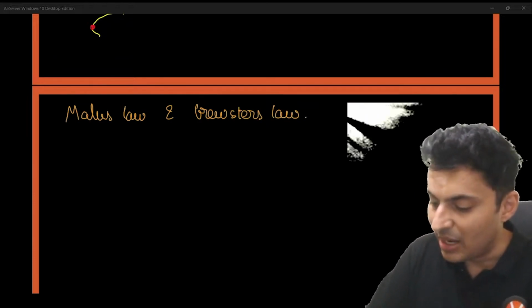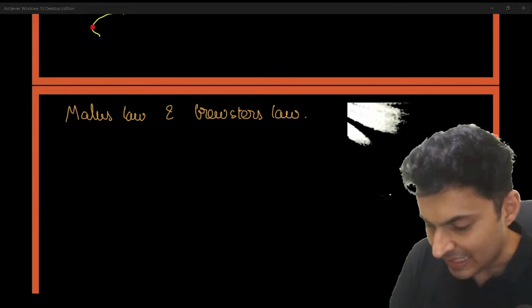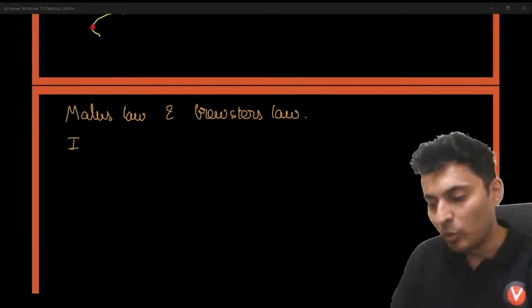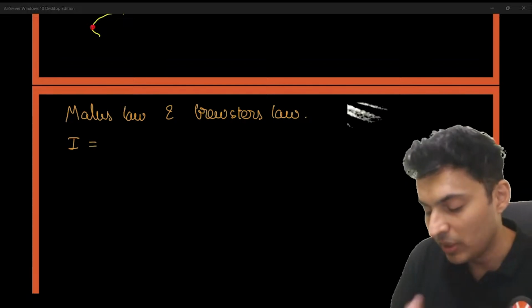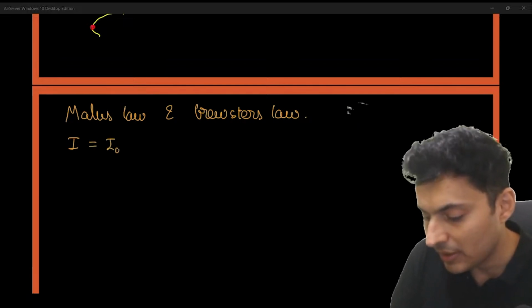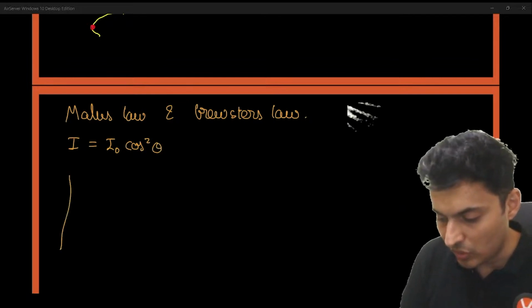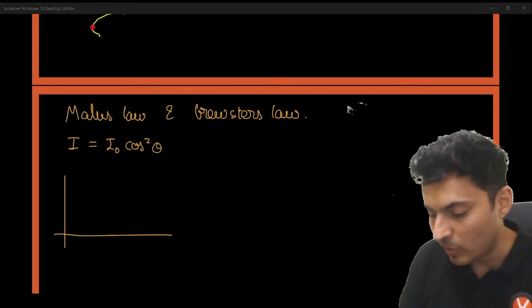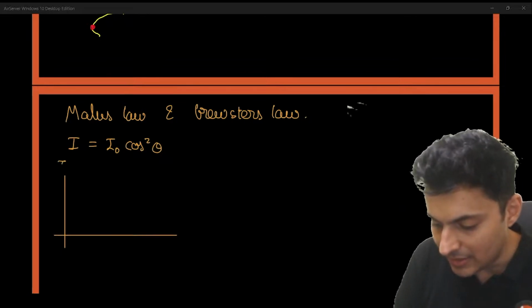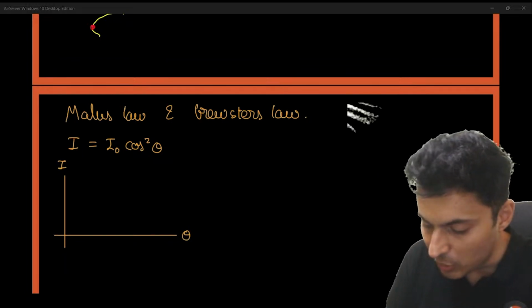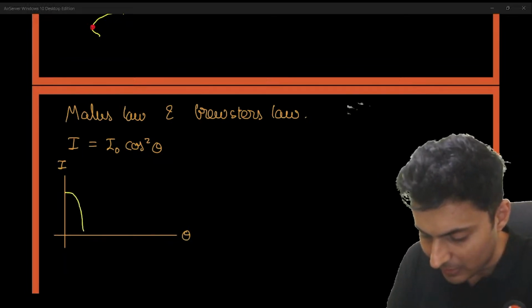Remember, Malus's law is nothing but the intensity of the light after the polarizer: I naught cos square theta. Intensity of light versus theta will be a cos square graph, and a cos square graph will never be negative.